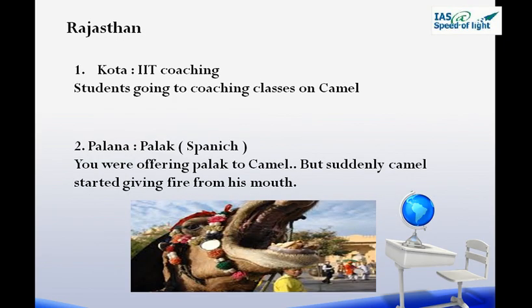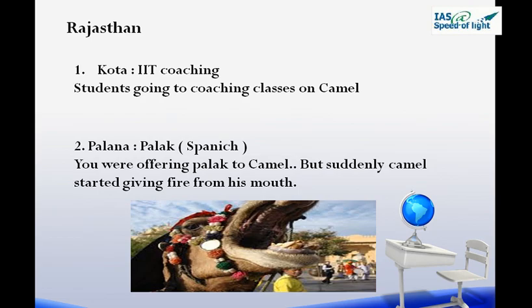Coming to the next state, which is Rajasthan, and Rajasthan's first thermal power plant is Kota. And Kota is famous for its IIT coachings, like IIT engineering and medical coachings. Kota is famous all around India. Now, for Rajasthan, our picture is desert camel.